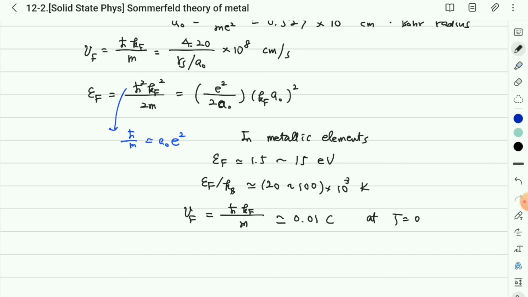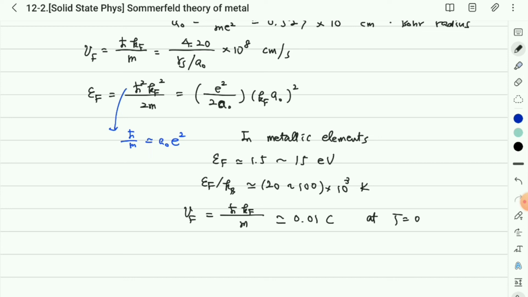Therefore it is a very high temperature, and in our daily lives we live at 300 Kelvin, which is a very small temperature. In a solid, even at zero temperature, the electron kinetic energy in a metal is very high, and the Fermi velocity is about 1% of the speed of light, which is a very high velocity.